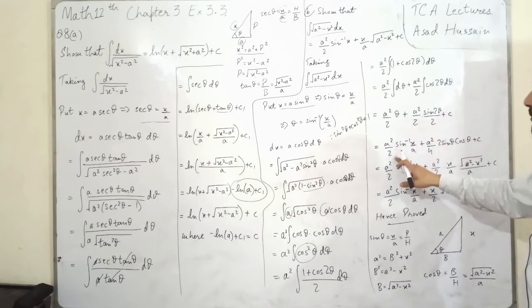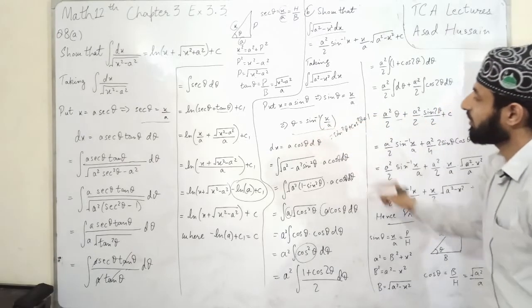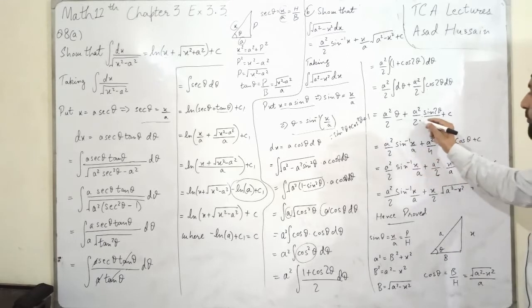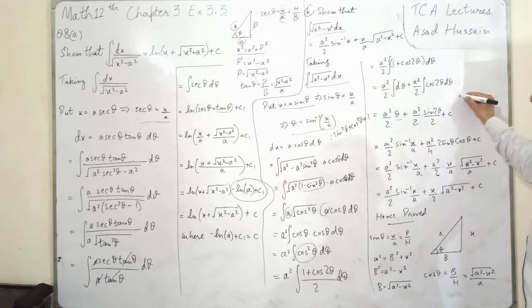A²/2, putting the value of theta which we have found here, sin inverse x over a, plus 2 multiplied by a²/4 into 2 sin theta cos theta plus c, as we know that sin 2 theta is equal to 2 sin theta cos theta.